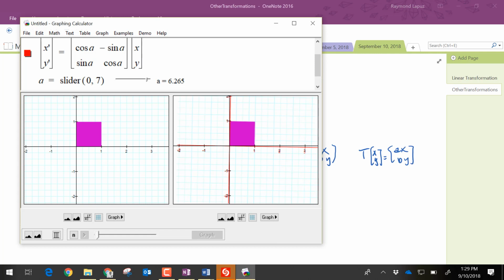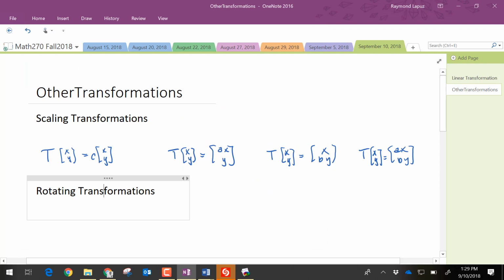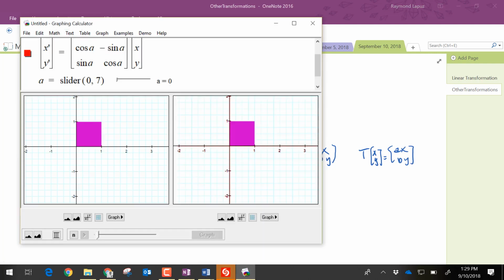But we can multiply this by 2, and then it'll go twice as fast, etc. So for a fixed angle A, you have a rotation transformation. Let's just copy this.